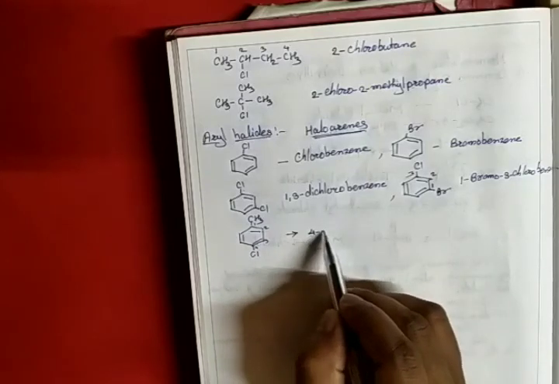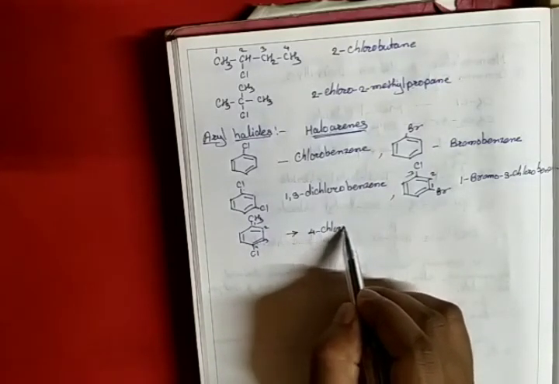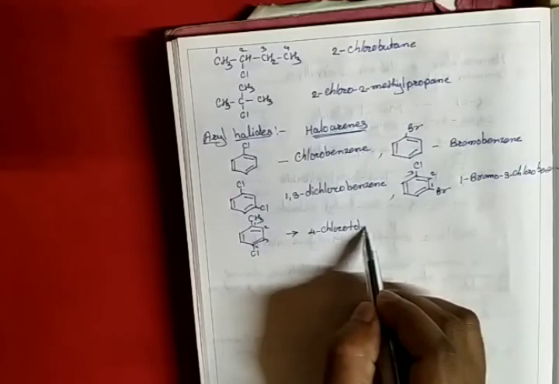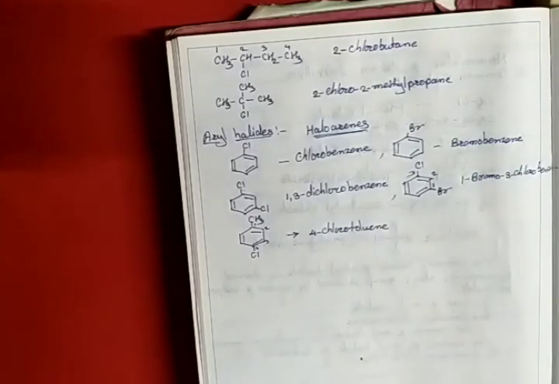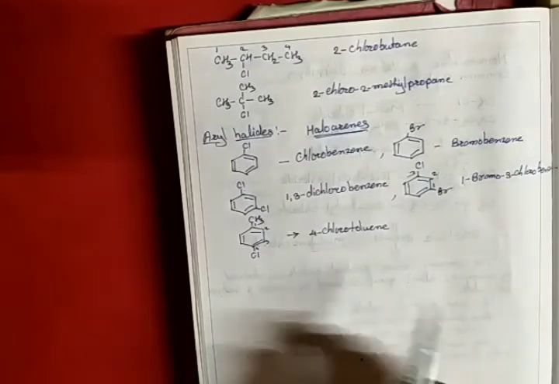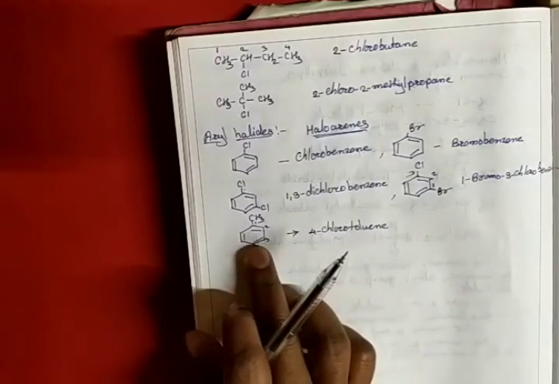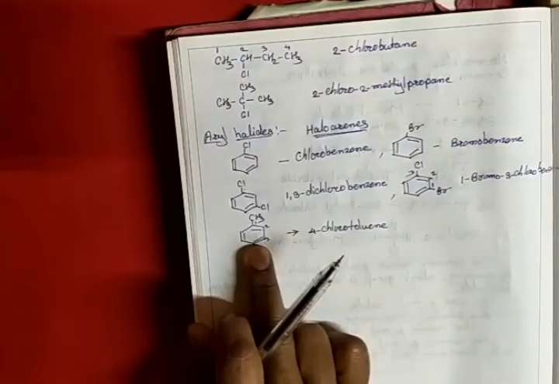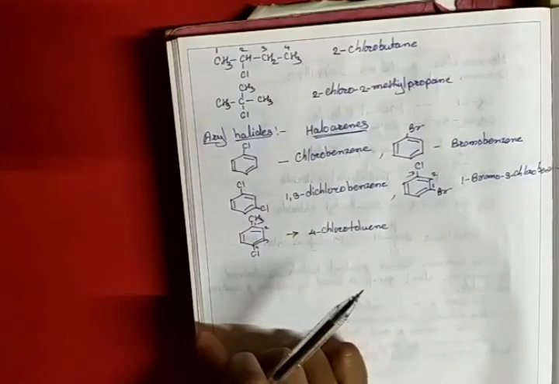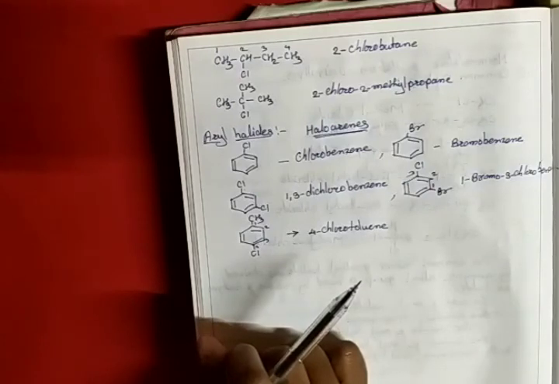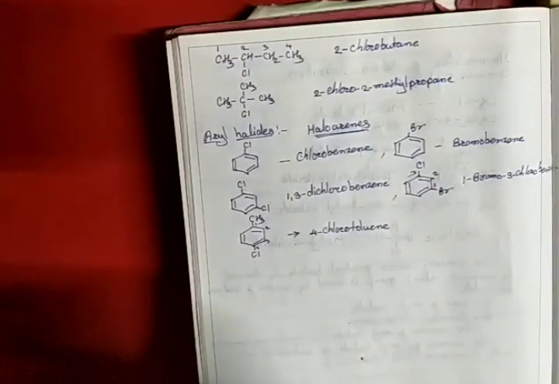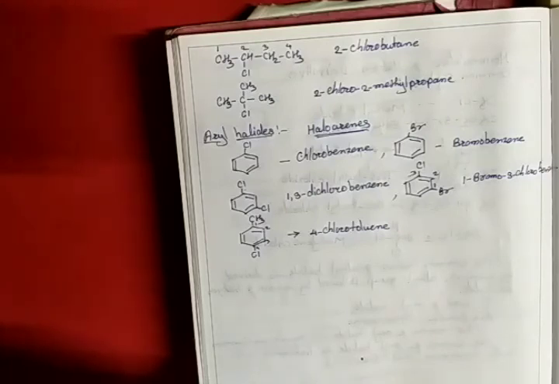So 4-chlorotoluene is the IUPAC name of this compound. Toluene is the parent hydrocarbon. Okay, so this is about the IUPAC nomenclature, or naming, of halogen derivatives.